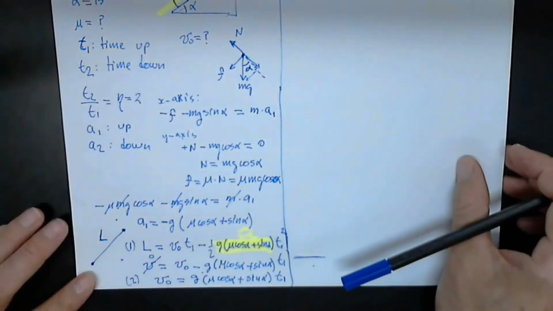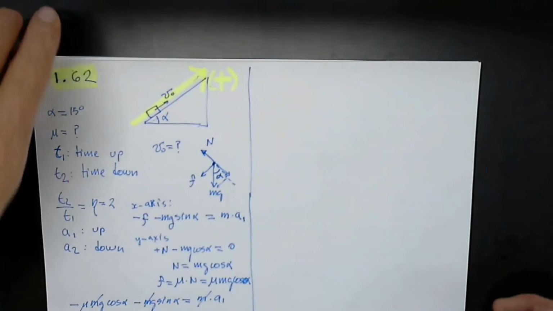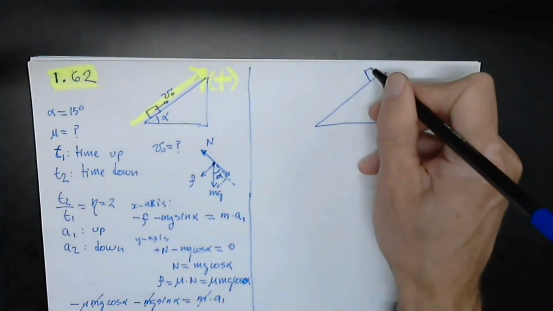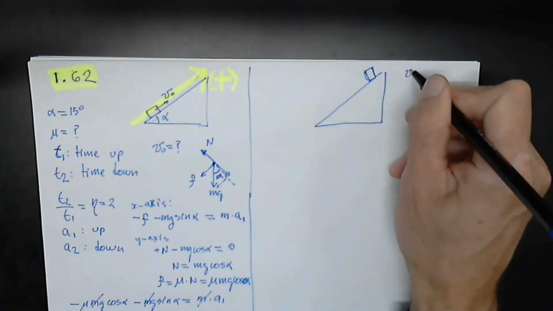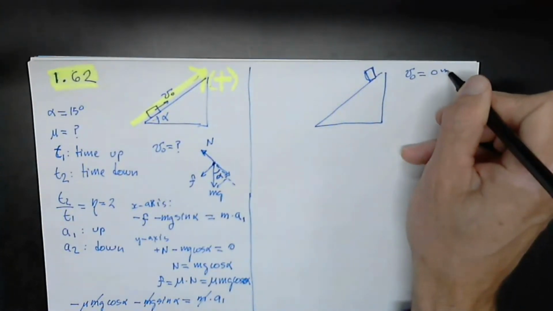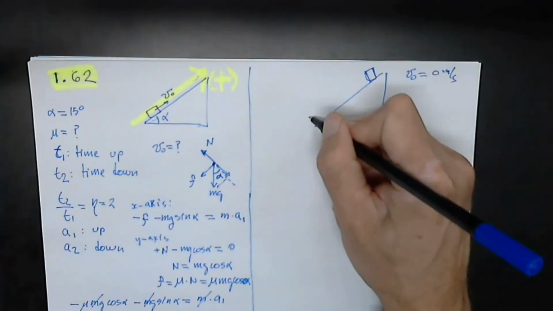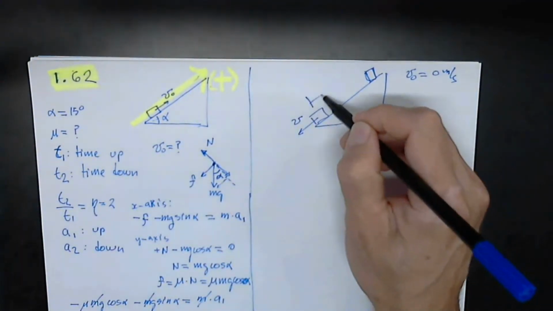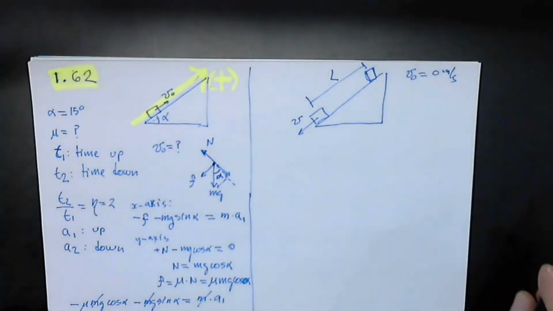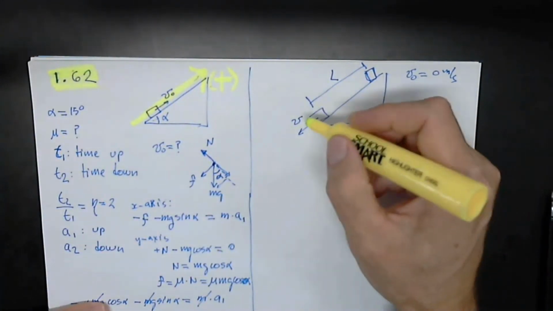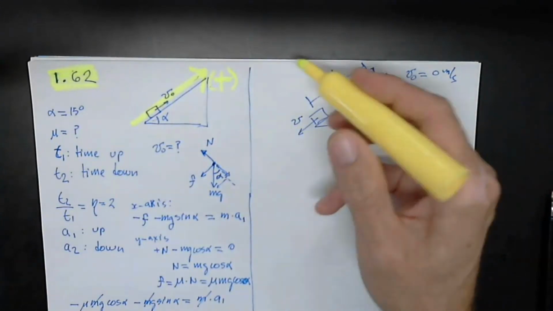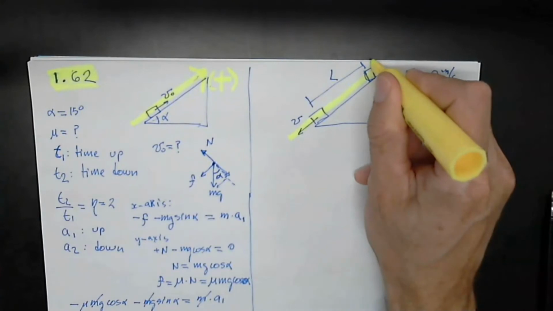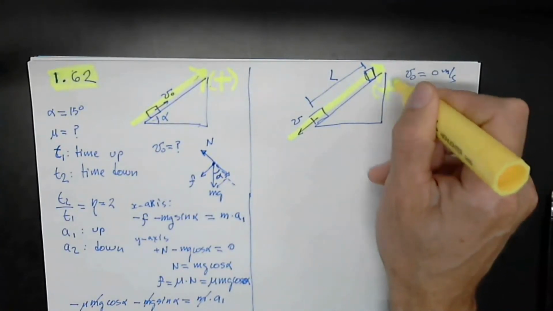And now let's analyze the situation when the block is going down. It has reached the top position, so now the initial velocity is 0, and it's moving at some velocity over here, and this distance is L. Again, you have to be consistent between this problem and the previous one, so I'm going to keep this direction as being positive.